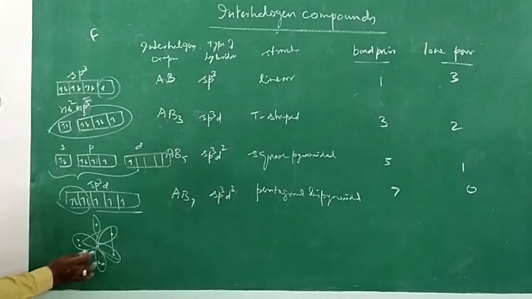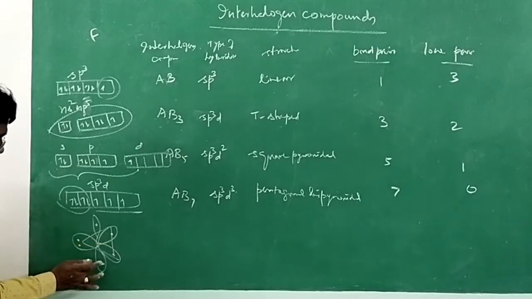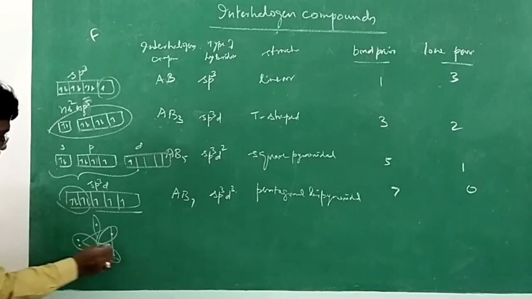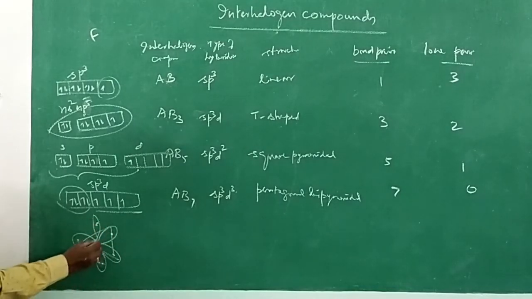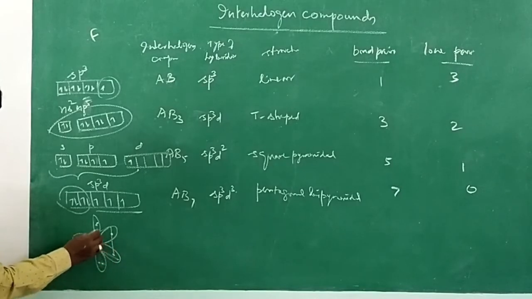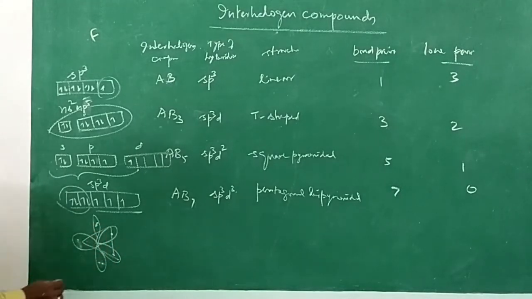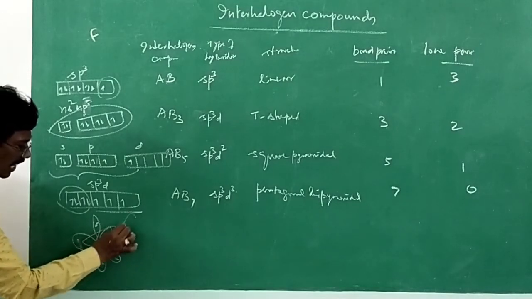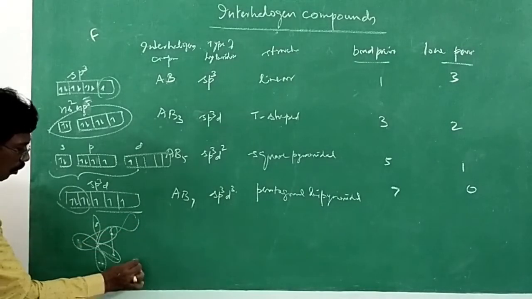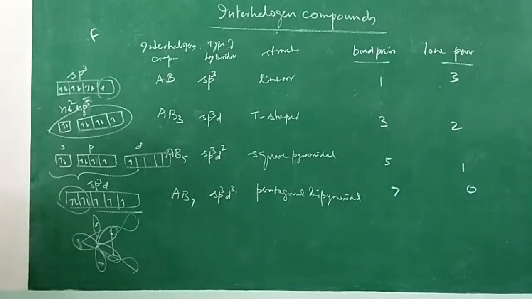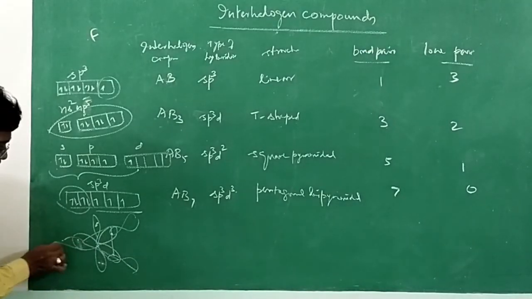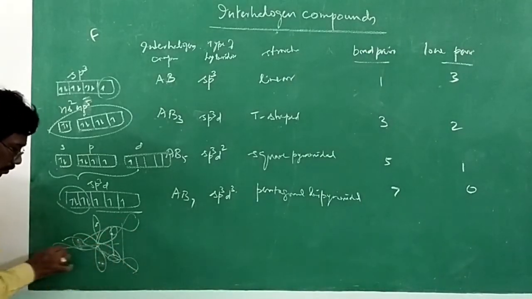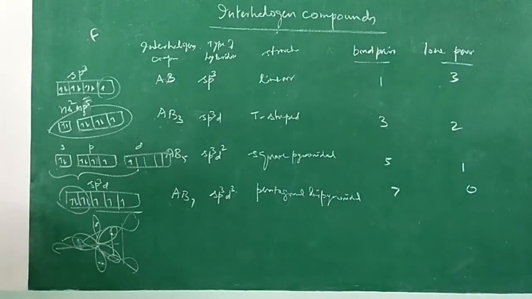Let me write like this. So what is happening? This may overlap with another orbital, this may overlap with another orbital, and one more can overlap with another orbital to give the T shape.